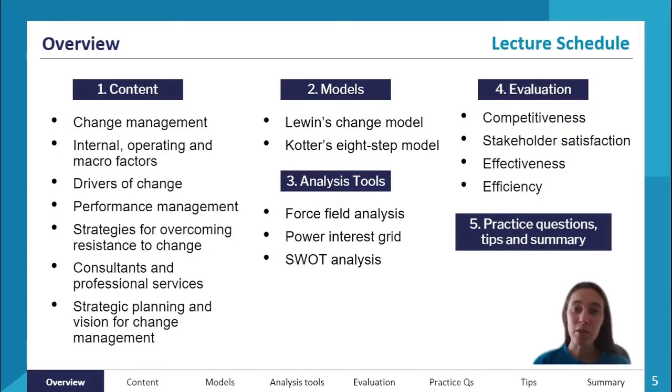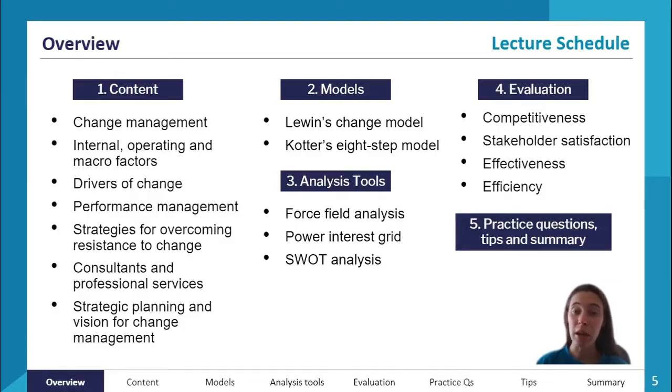Okay, so in terms of what we're covering today, to start with, we're looking at the content that you need to know. You'll need to know a whole bunch of things in terms of being able to describe things and explain things, and that is the focus for the first section of today's session. Then we will look at the models that you'll need to know, Lewin's change model and Kotter's 8-step model. Then we'll go to analytical tools.